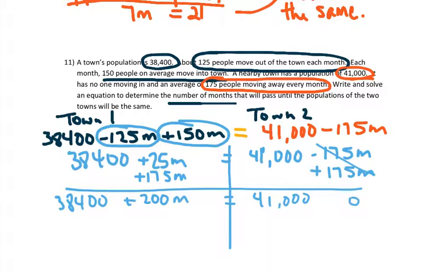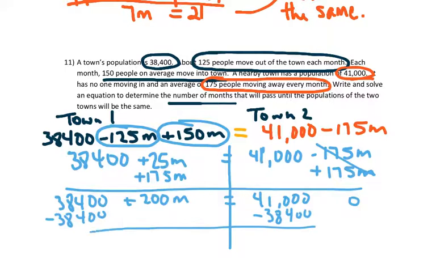Now I need to take away 38,400 from both sides. That 200m drops down. And 41,000 minus 38,400 is 2,600. And then we need to divide both sides by 200.